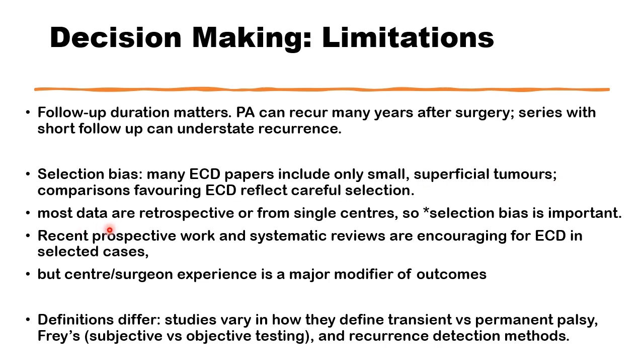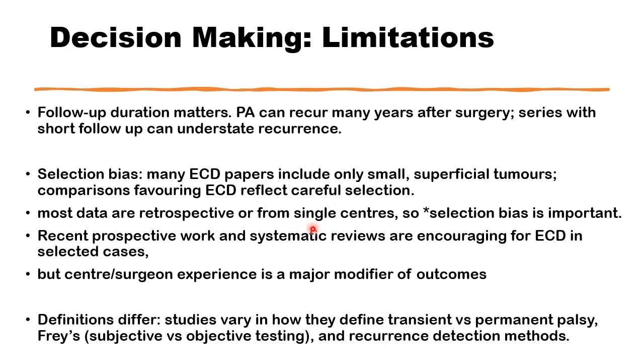Most of the data are retrospective or from single centers. That's again another form of selection bias. But recent prospective work and some of the systematic reviews, including meta-analyses, are actually encouraging for both the extracapsular dissection and the partial superficial parotidectomy operation.